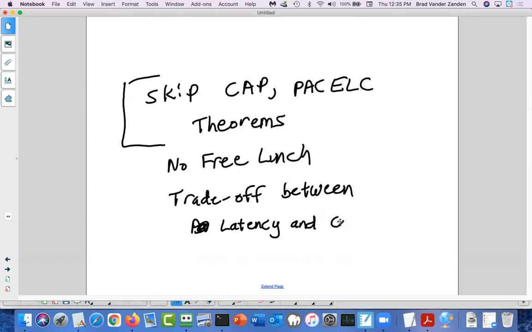So you can either have really fast reads, in which case you have to replicate or have copies of data so that you can get faster access, or you can have consistency, which means you get that writes don't conflict.